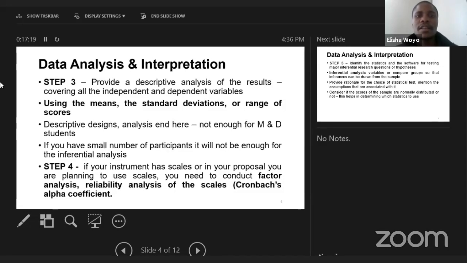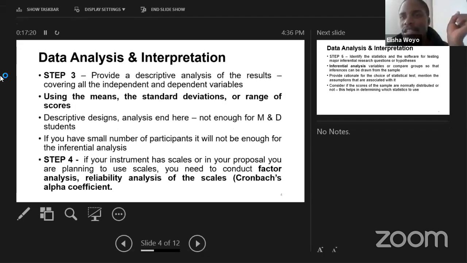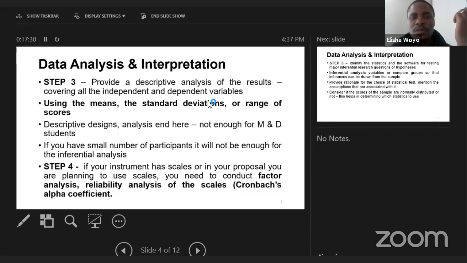Okay, yeah, I have one. So I'm just going to open one instrument, then I will show you the information that I'm talking about. So if your instrument has got scales, then what it means is you would need to collapse those scales, or make sure that those scales are reduced. So you need to do a process we call scale reduction.